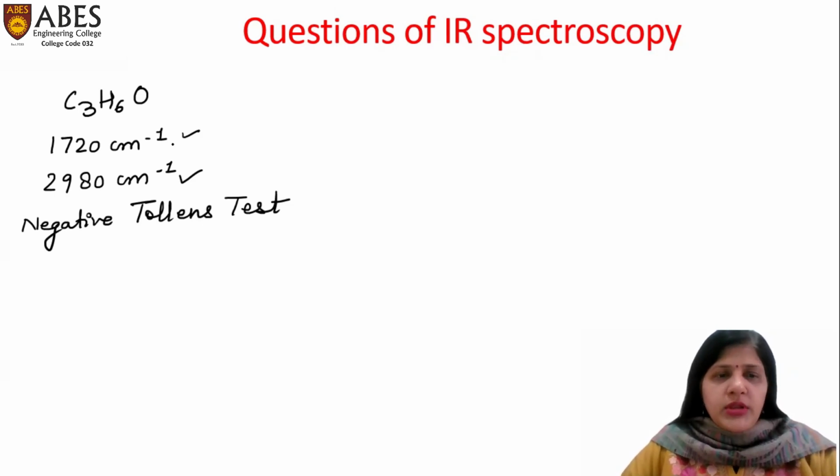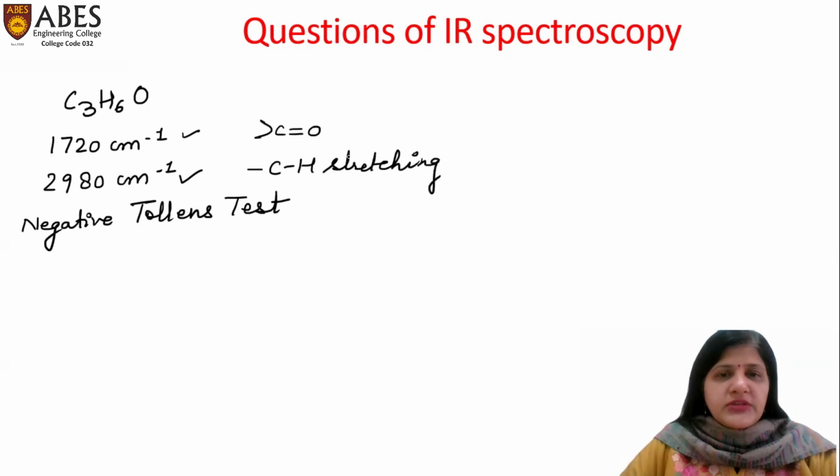First of all, it is required to identify the bands observed in the spectrum. The 1720 cm⁻¹ band corresponds to the carbonyl group, because this value lies in the range of the carbonyl group, as I have discussed in the functional group region of the spectroscopy. 2980 cm⁻¹ corresponds to the CH stretching band in the functional group region.